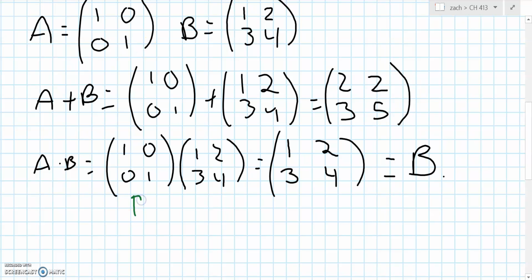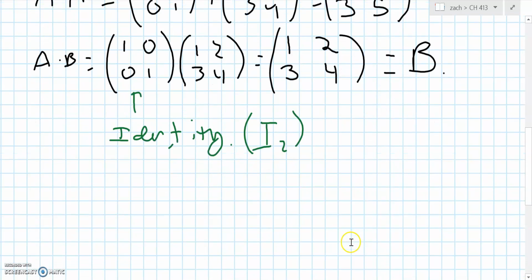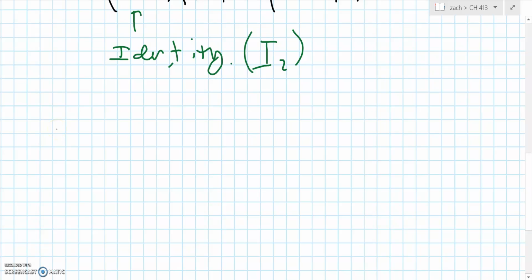So this matrix, this is important, is the identity. Specifically, this is I2, the identity that's the 2 by 2 matrix. Whenever we multiply the identity matrix by another matrix, we get that same matrix back. I guess we can even call it a theorem.